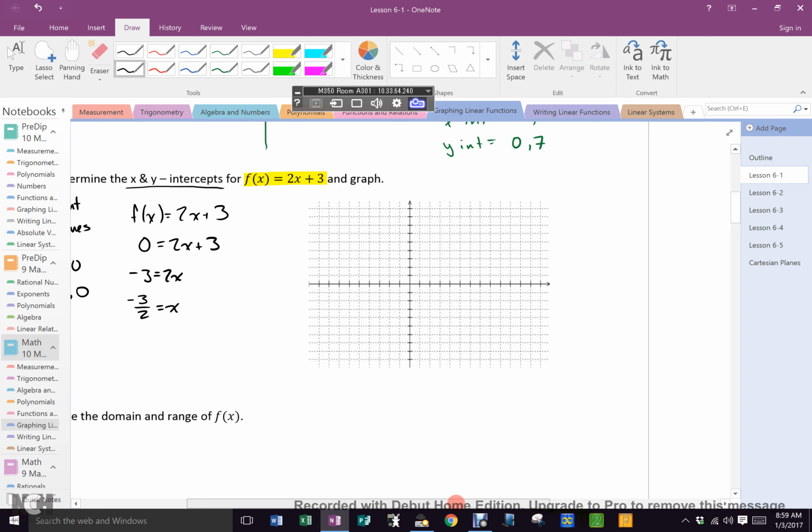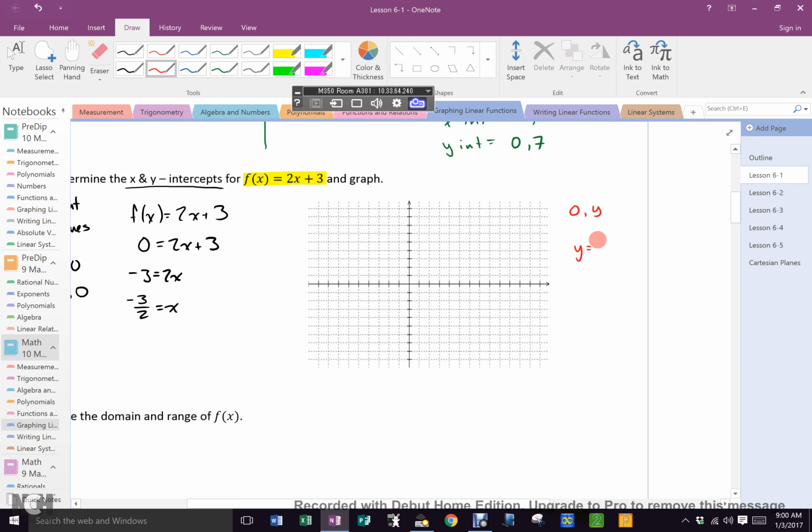Now, I also need a y-intercept. What is every y-intercept? 0, comma, y. Correct? My y value is y, so where does it go? For f of x or for x? F of x.